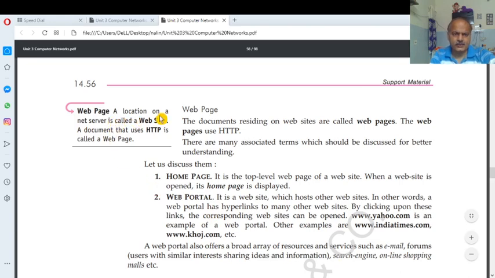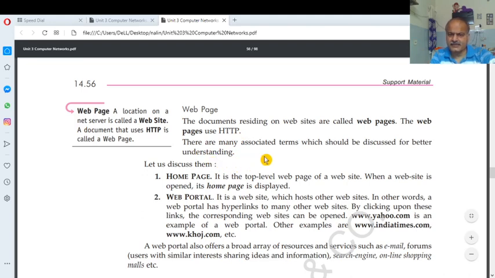Web page: a location on a net server is called the website. A document that uses HTTP is called a web page. The documents residing on websites are called web pages. Web pages use HTTP.